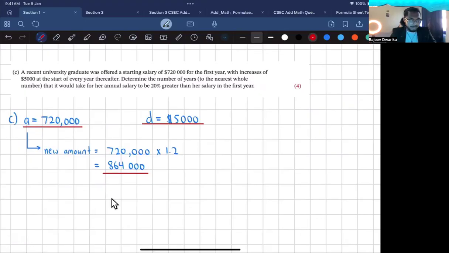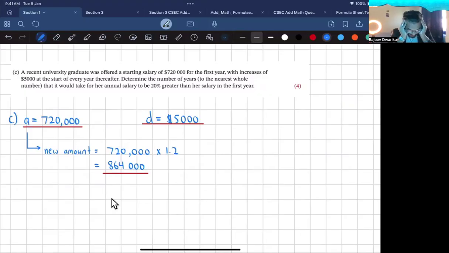So Aliyah, would you have been able to figure out that I have to use the T of n formula? No, I wouldn't have figured it out. Had I done it the long way, like I say 725, then 730, then 735, then 740, then 745, then 750.